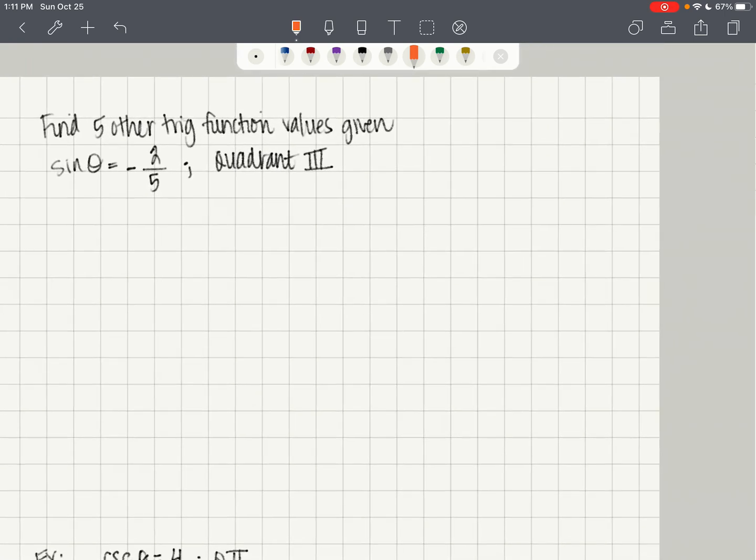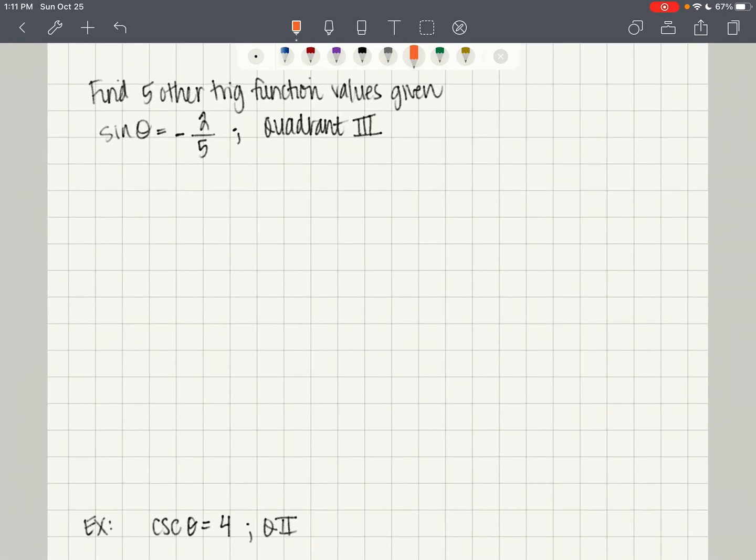We want to find the other 5 trig values given the sine of theta is negative 2 over the square root of 5, and we are in quadrant 3. So the first thing I'm going to do is draw a picture. Quadrant 3, we're going to have a terminal side. I don't have to draw it for accuracy right now.